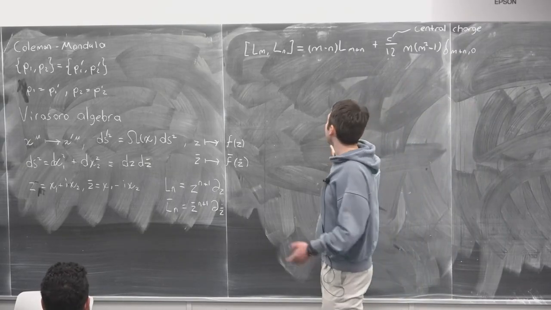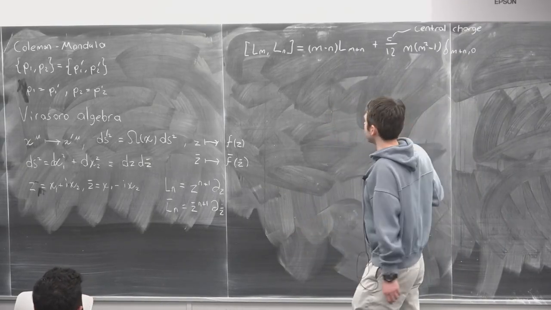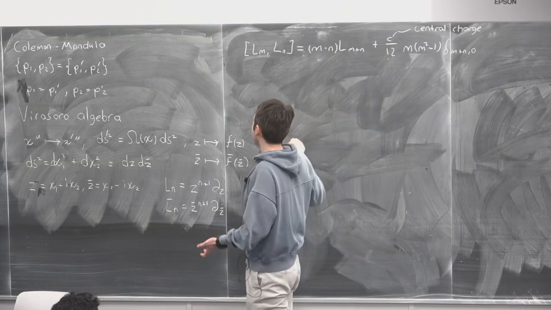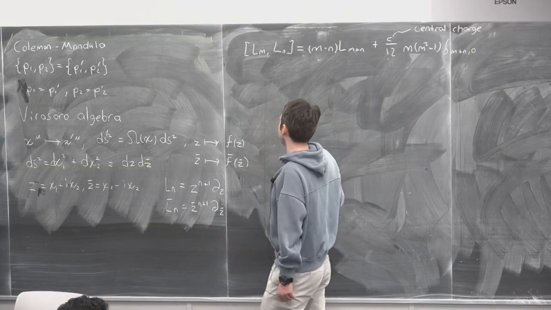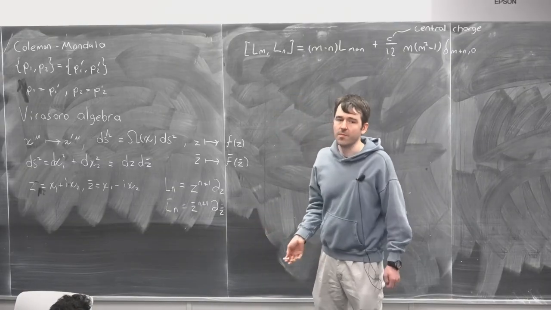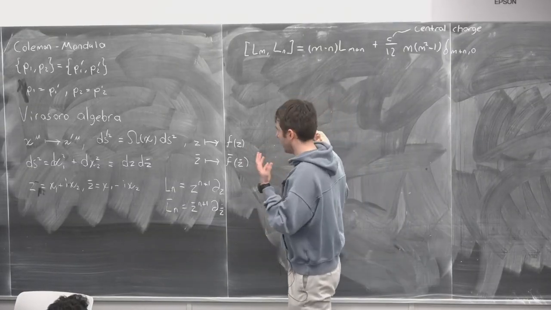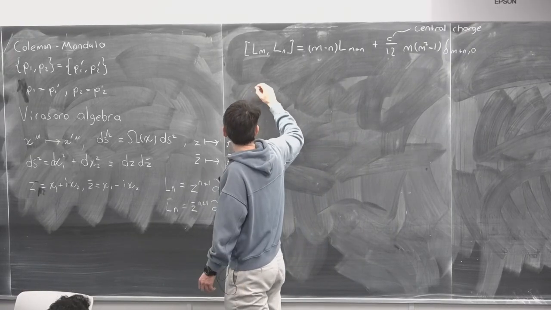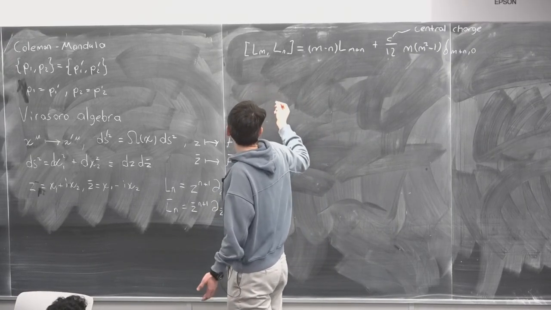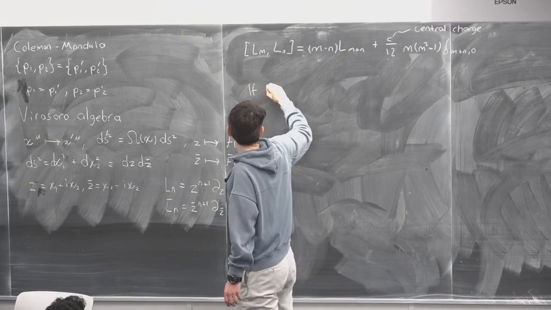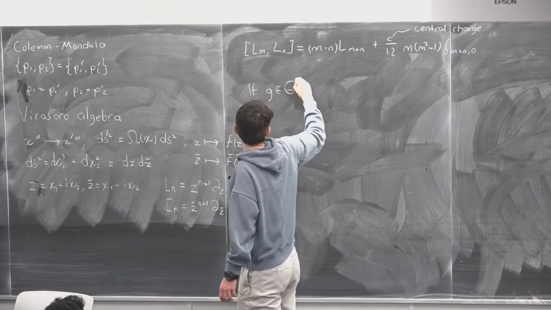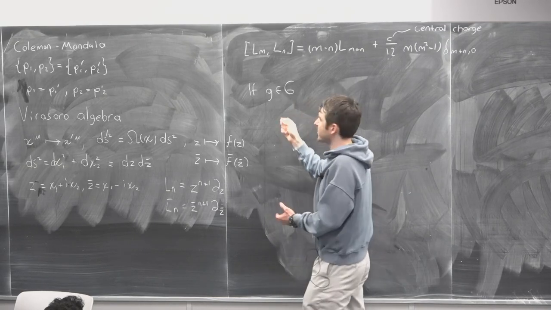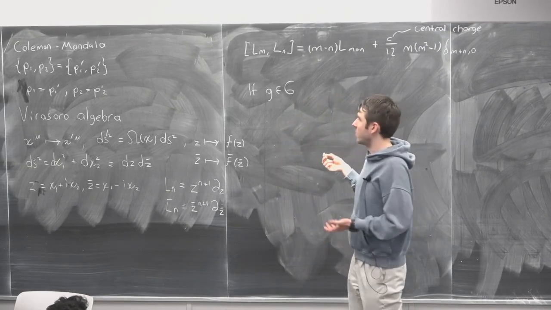And one way of thinking about why you would want to consider central extensions is to think about the fact that states in quantum mechanics are ambiguous up to a phase. So observables come from inner products, come from the norms of states, the norm squared. So that means that if you have a symmetry group which acts on states, the representation with which it acts on the states only needs to be projective.